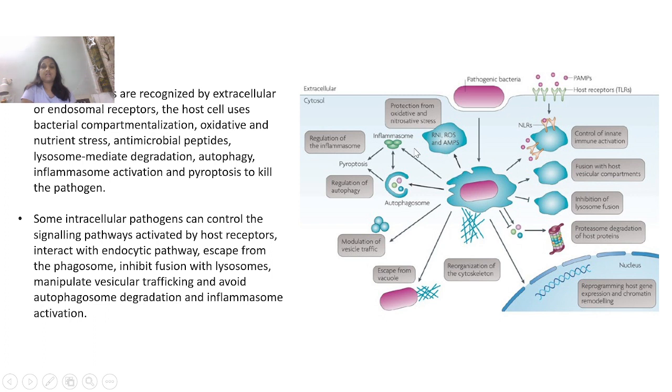Then there can be activation of the inflammasome. There can be regulation of the inflammasome. There can be processes such as autophagy, where there can be production of the autophagosome, which will now cleave the bacteria into small pieces. Then there can be pyroptosis, there will be killing of the bacteria.